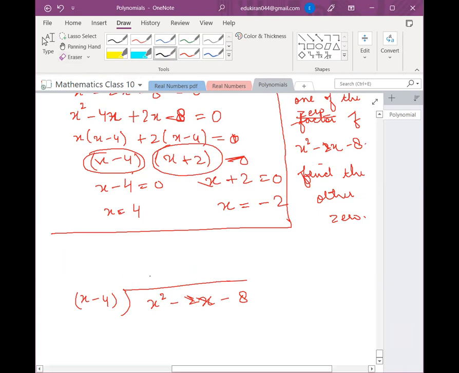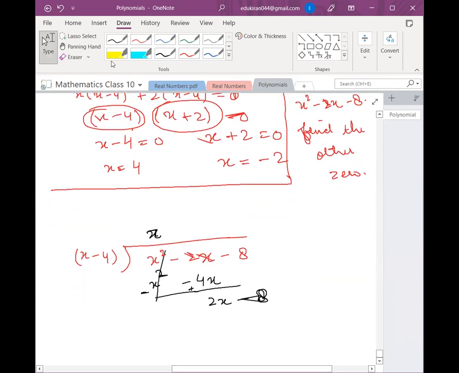So x and x square, that means I'll use x here. x into x will give me x square, and then minus 4 into x gives minus 4x. Change the sign. So this is 0 and plus 4x minus 2x, so I'll get 2x and minus 8, right?